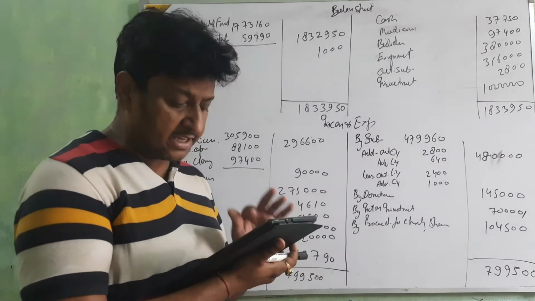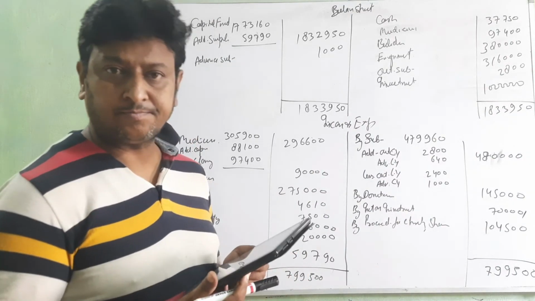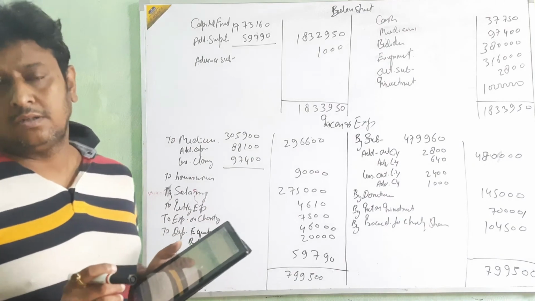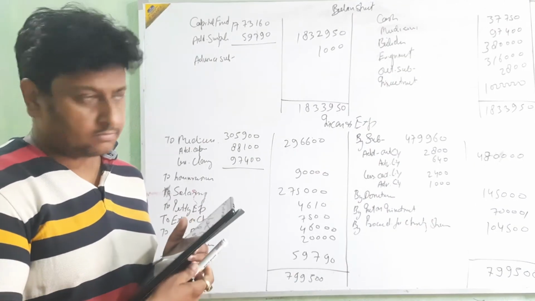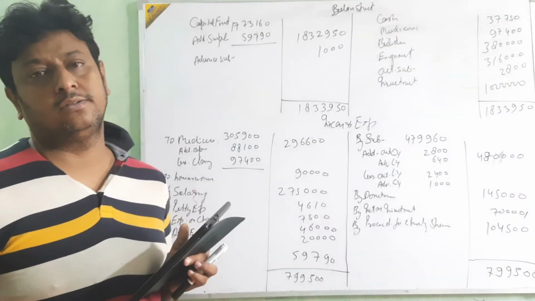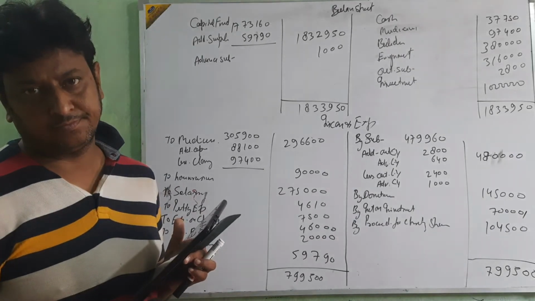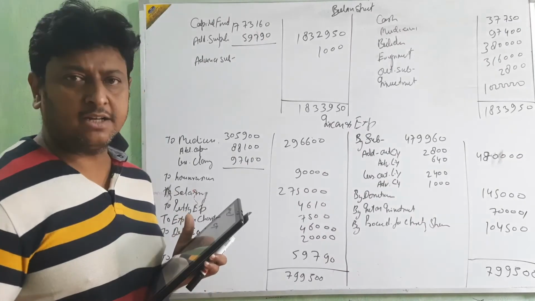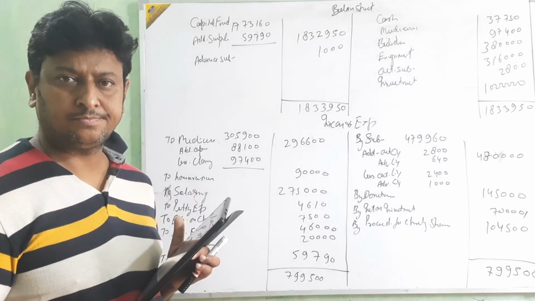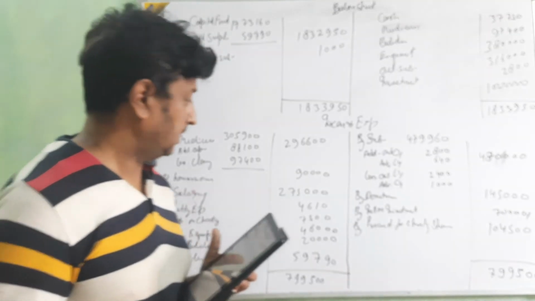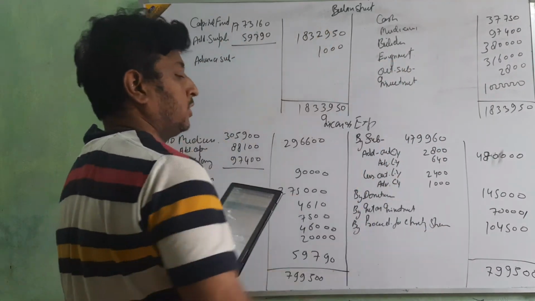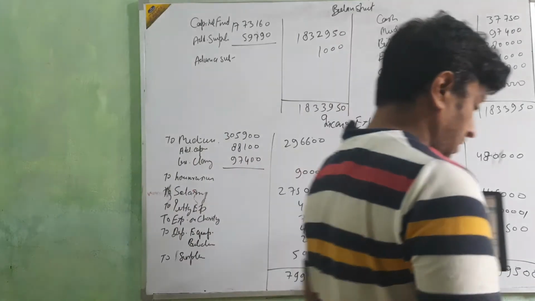Here the salary is given. Okay, beta, is this question clear or not? All the assets we show on this side, liabilities on this side. Okay? Go to the next.